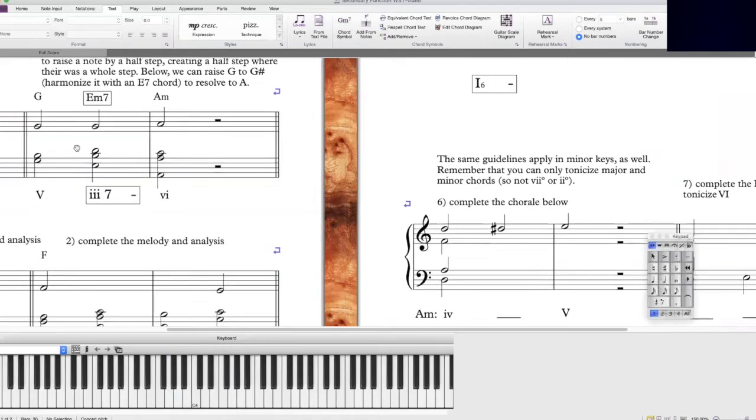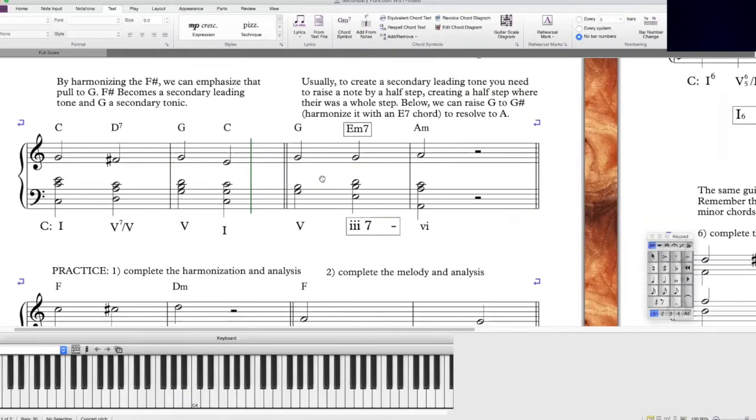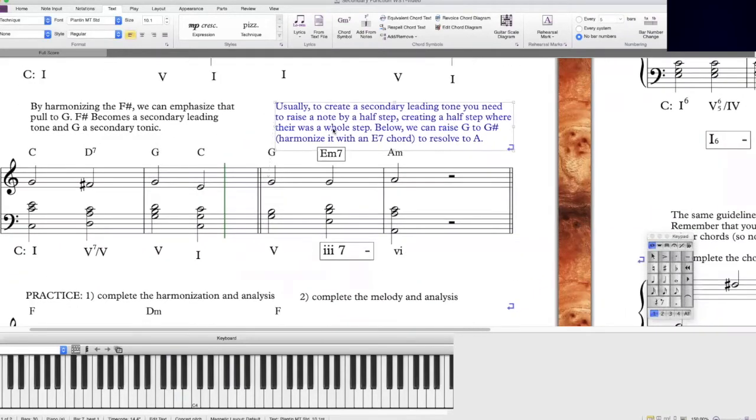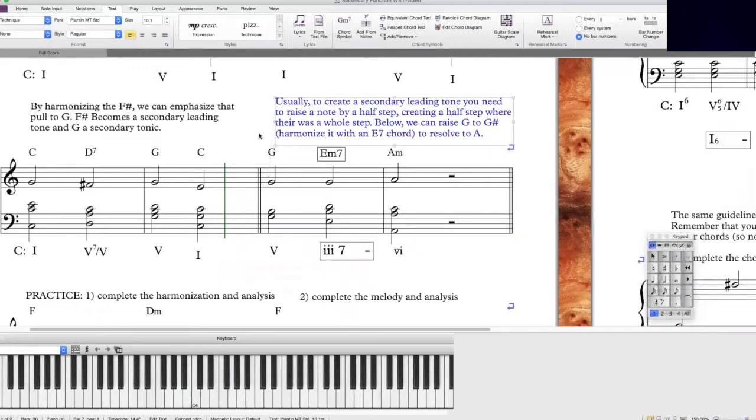All right. And now let's take a look at another example. We can, of course, take this leading tone idea, the secondary leading tone idea, and apply it to any other major or minor triad within a key. So here, in this example we just listened to, we're thinking about emphasizing 5.